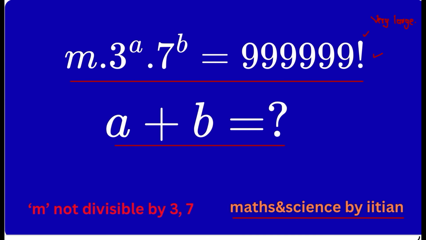We have to find out here m is not divisible by 3 and 7. That means whatever this 999999 factorial is divisible by 3 to the power of a, it is the highest power of 3. And b is the highest power of 7.